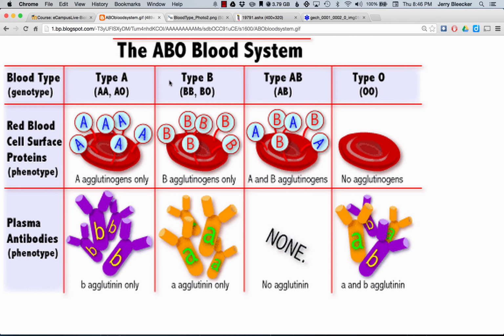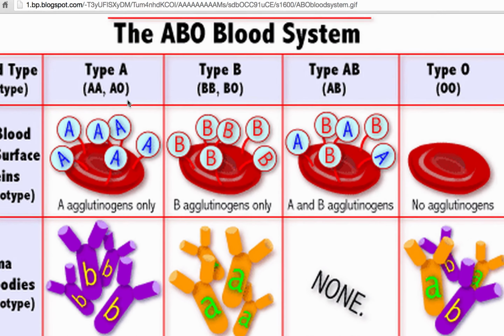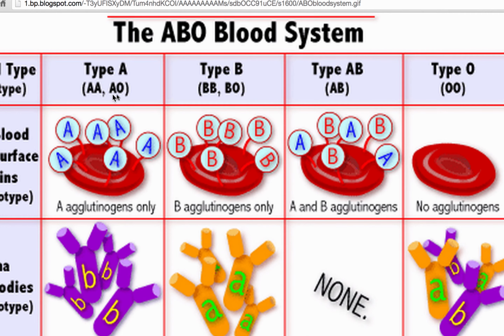I didn't quite go over this, so I should. You receive two genes as far as your blood type from your parents. If you're type A, you could have gotten one form of your gene, known as your allele. You could be type A from mom, and you could also be type A from dad. Now, if you were type A from mom, we'll say this is dad, even if you got a gene for type O, well, type O doesn't count.